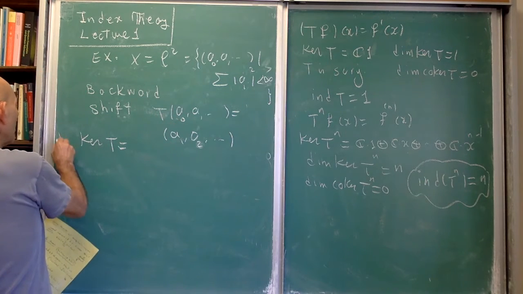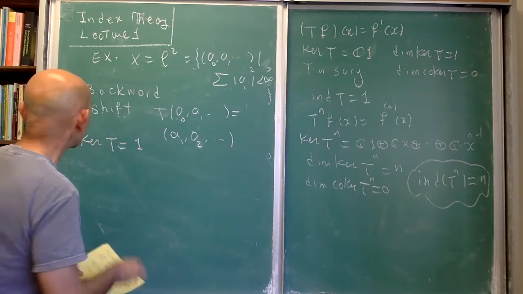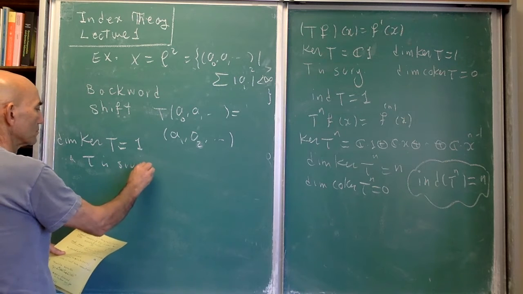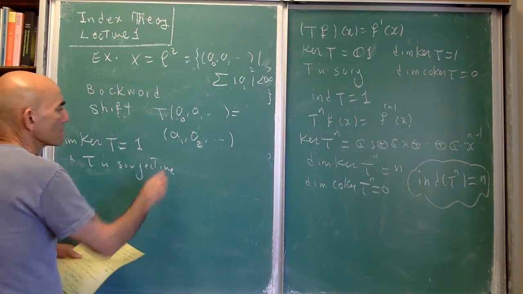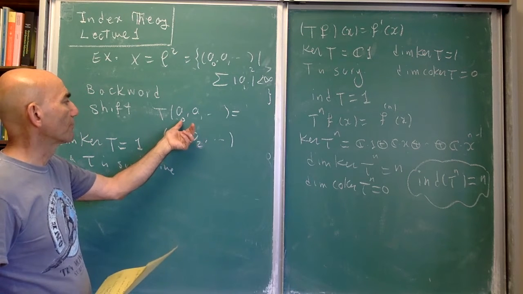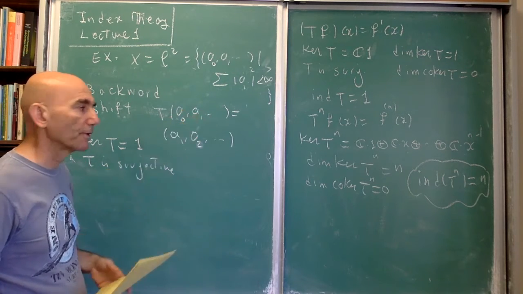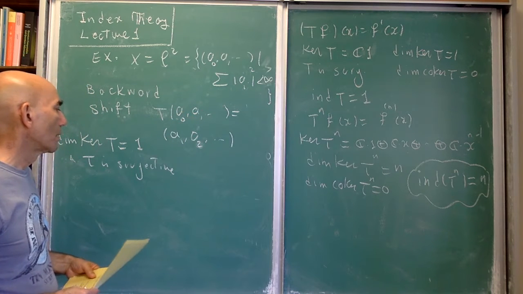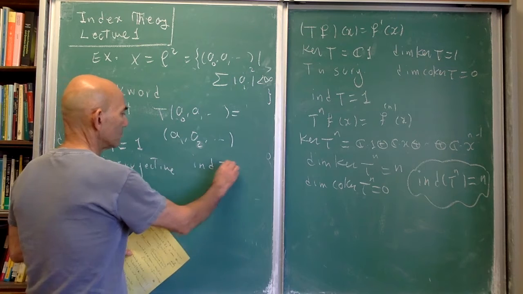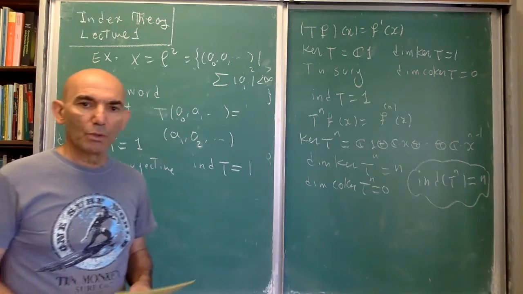So the dimension of the kernel of T is equal to 1, but T is surjective. Any L2 sequence, you can start from 0, for example, and then get this L2 sequence as a result of the backward shift. So the index of this operator is equal to 1.